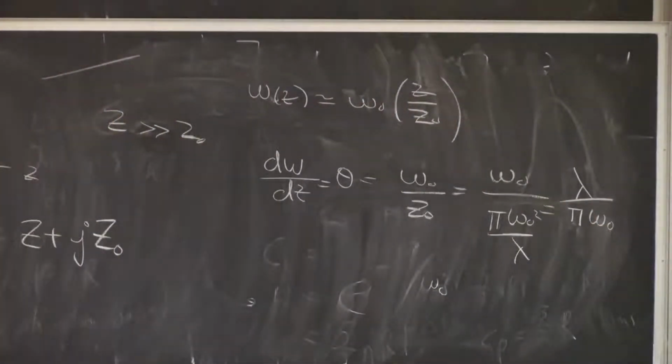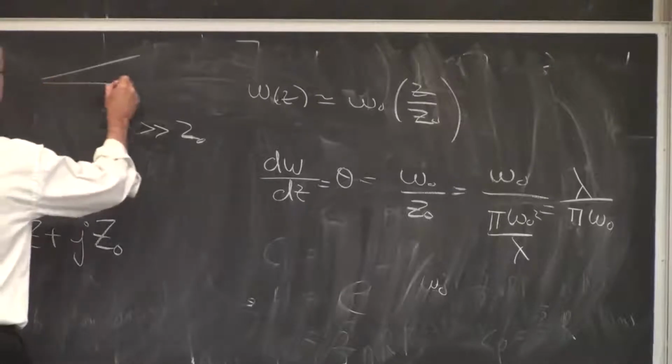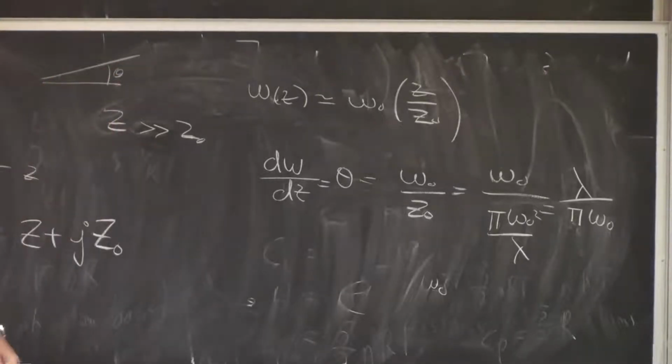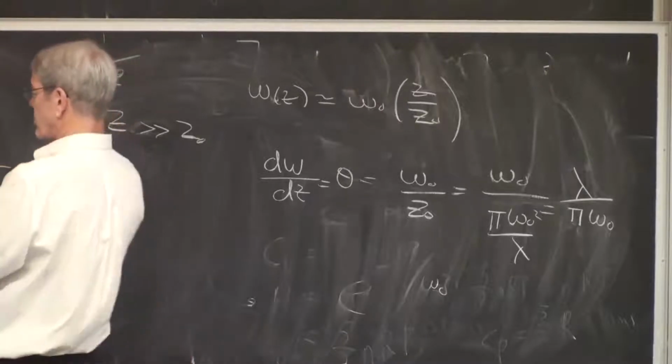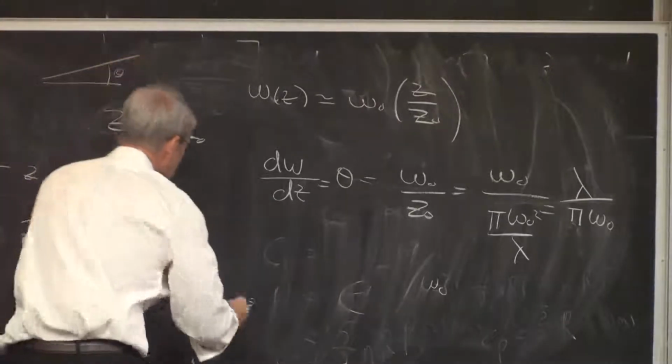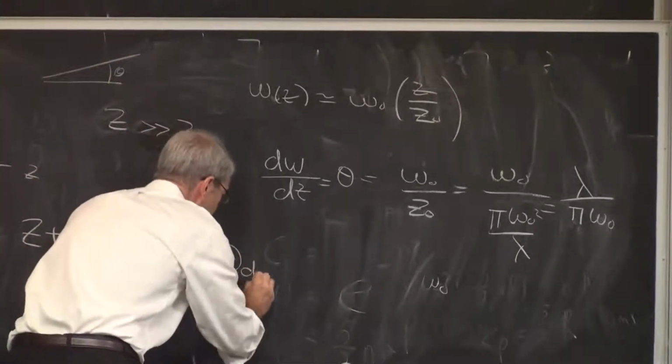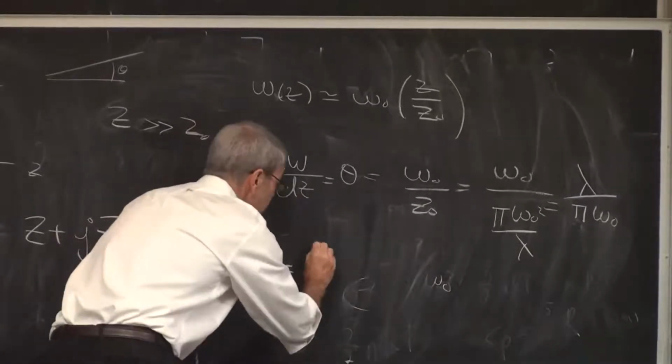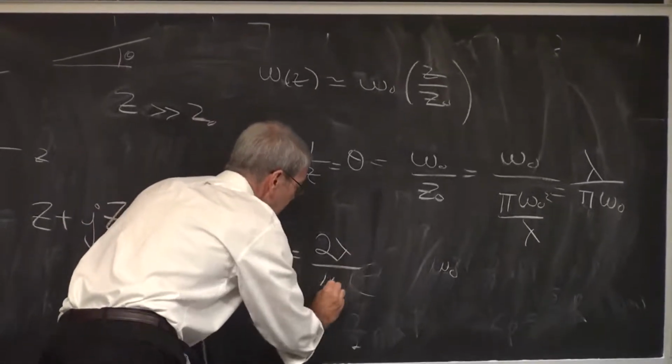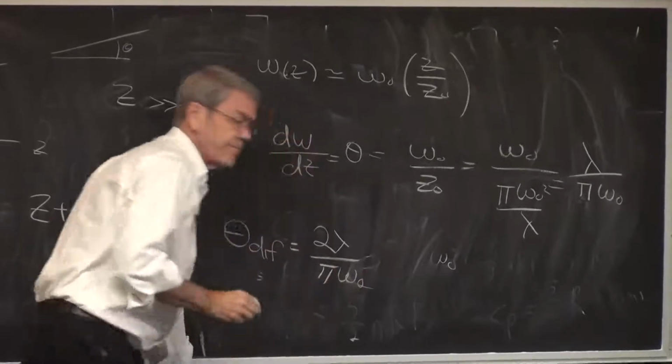So that's the angle that this thing is spreading. Of course, that's only half the angle. It's spreading downward as well, so the full diffraction angle is twice that. For this model, it predicts a diffraction angle of 2 lambda over pi omega naught.